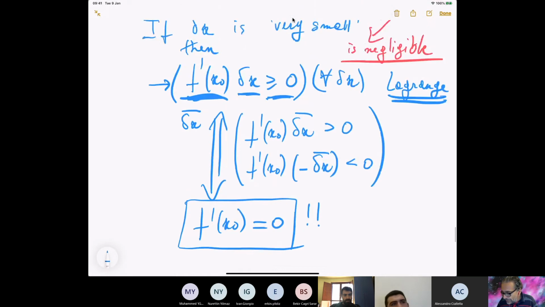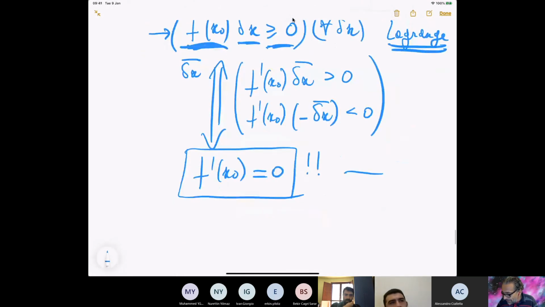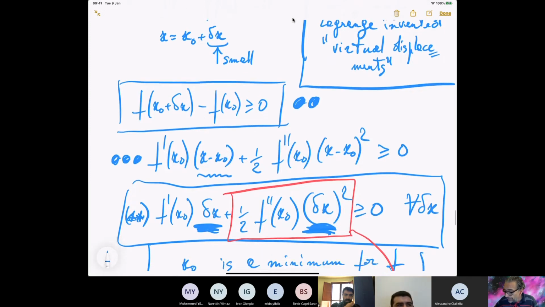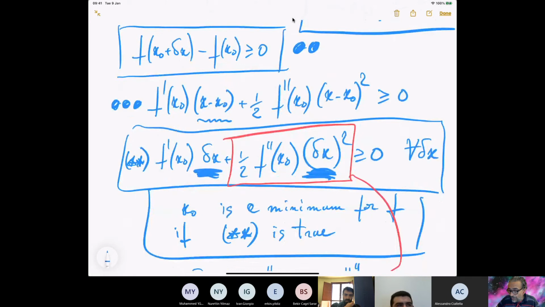However, to arrive at this result, you need to start from this equality. From this equality, you deduce this other inequality. Then this inequality produces double star, and this double star is verified for every small variation of the independent variable.